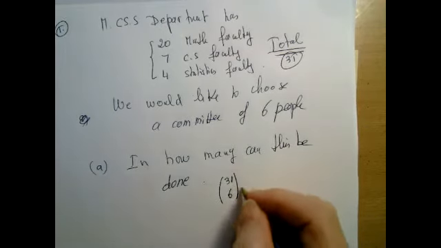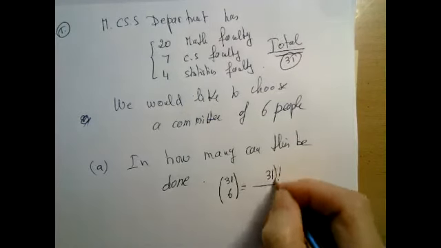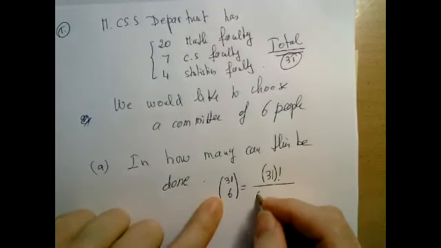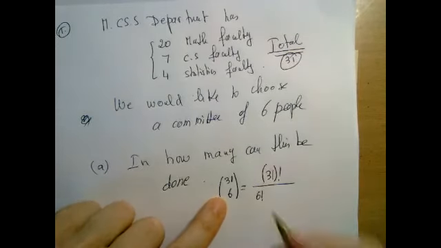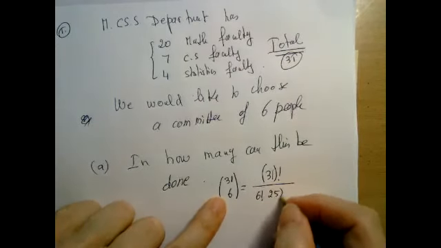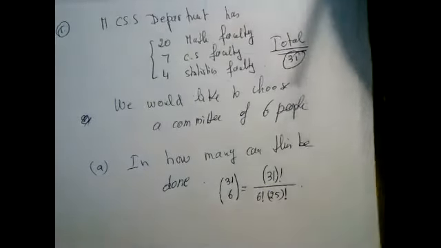So that's really the number. It means it's 31 factorial divided by 6 factorial times (31 minus 6) factorial, which will leave me with 25 factorial. And that will compute that number. Okay, so I am still within a very typical scenario.